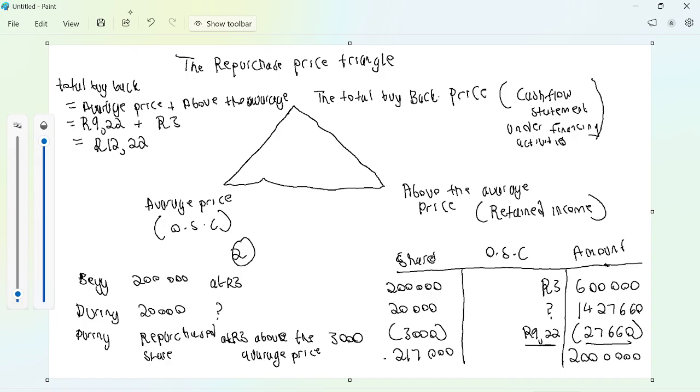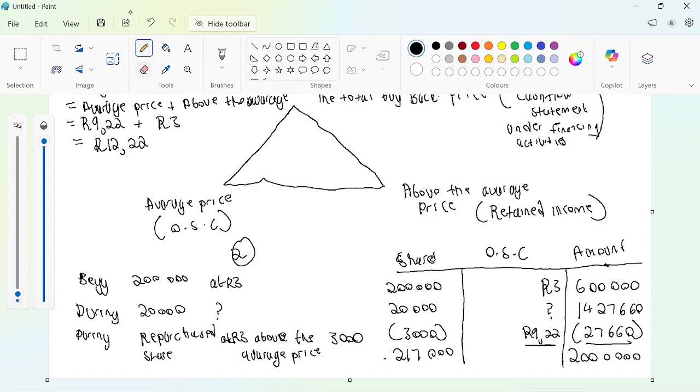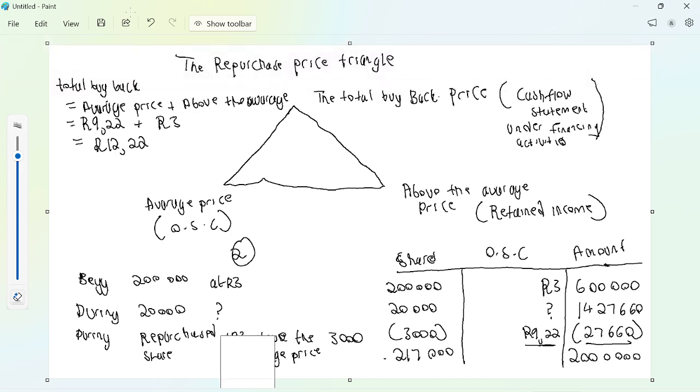The third scenario is going to look like this when you're completing your ordinary share capital. They can change somewhere here.